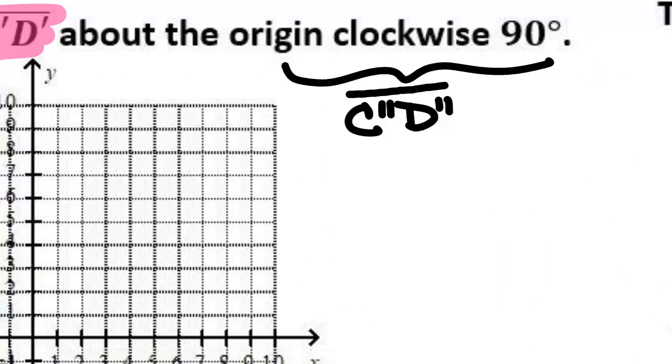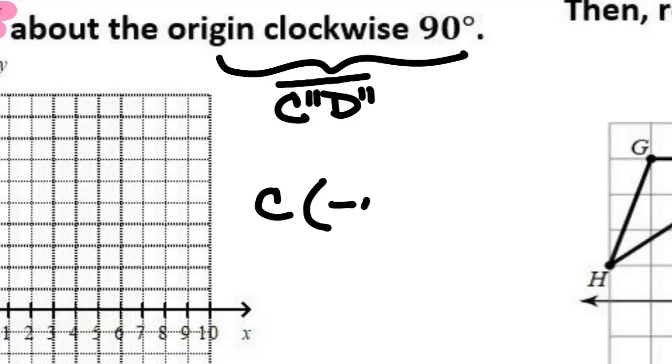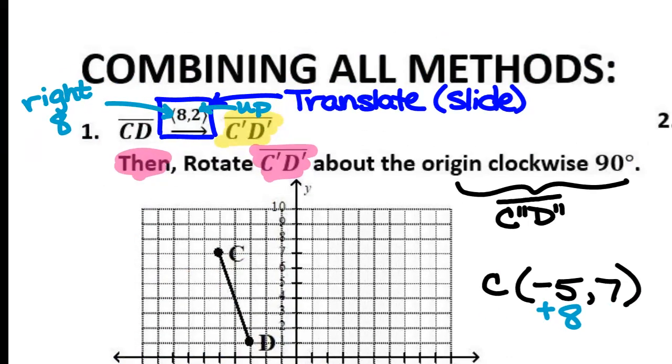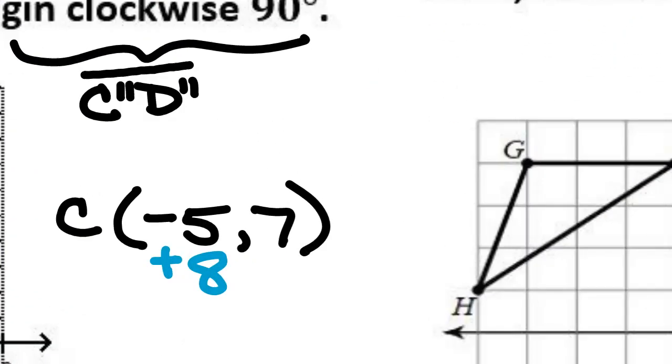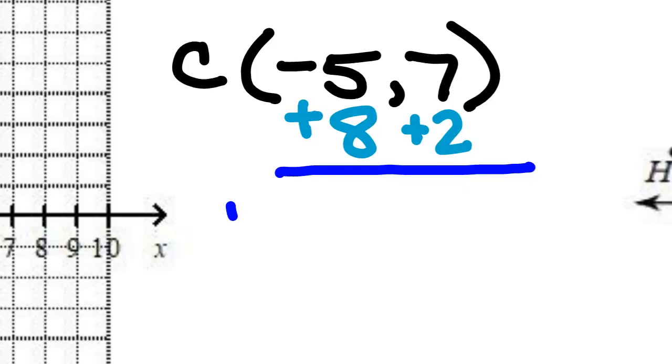All right, so let's write down our ordered pairs. Where is point C right now? -5, 7. We want to shift that to the right 8, so we're going to add 8 to the -5, the X. And then we want to shift it up 2. So we are going to add 2 onto the Y part, the 7. What do we get when we add -5 and 8 together?